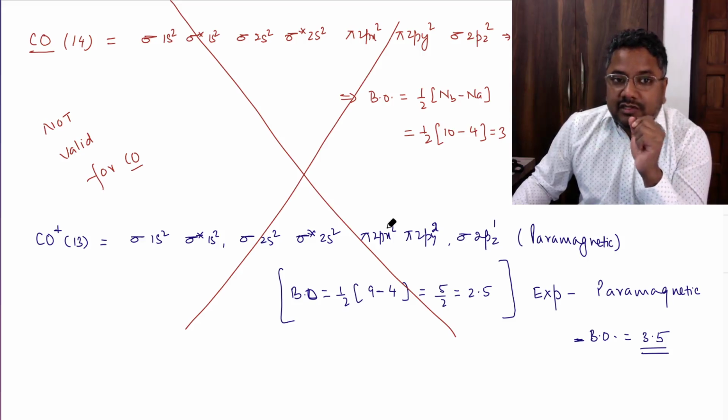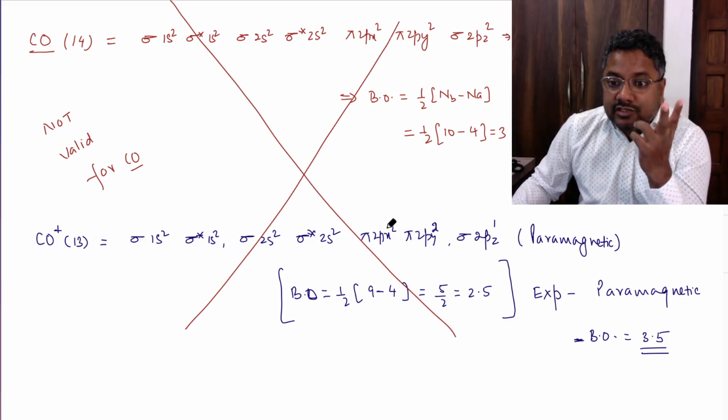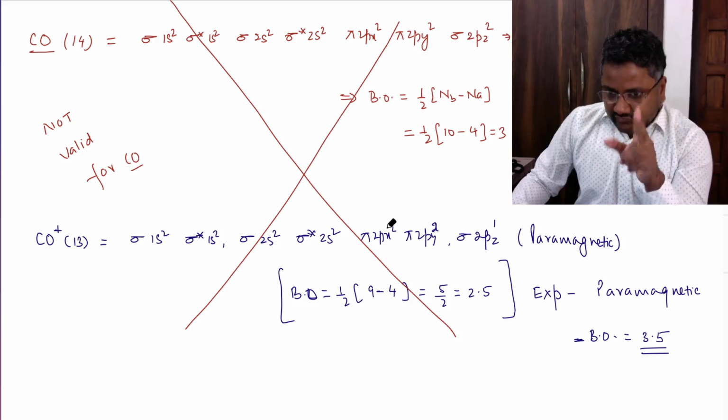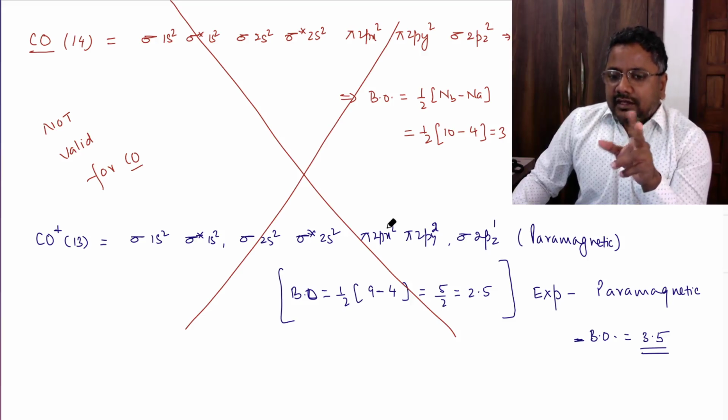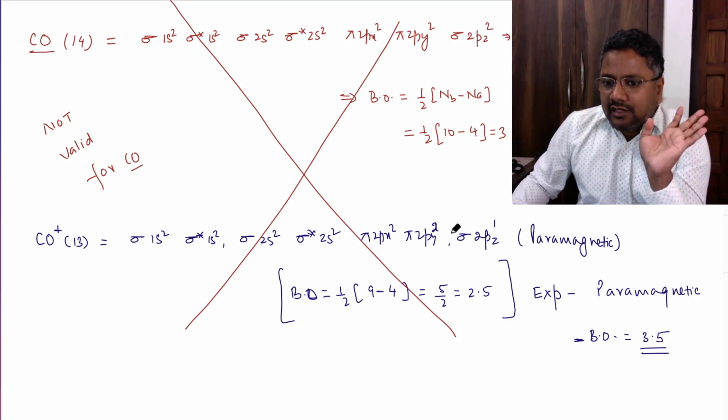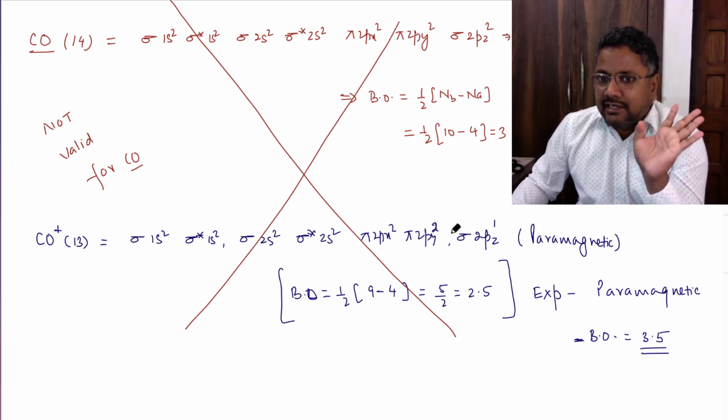In carbon monoxide there is a huge difference, in HF a huge difference, but in NO the effective nuclear charges of N and O are very close. So up to a certain extent you can use this order for that, but not exactly, right?